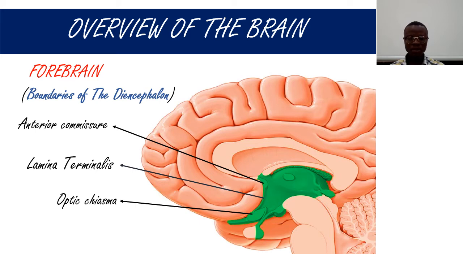Just above here, though it is a bit difficult to see, is the interventricular foramen. Do you remember this? We discussed the interventricular foramen when we were talking about the various ventricles, between the lateral ventricles of the brain and the medial or middle ventricles of the brain.